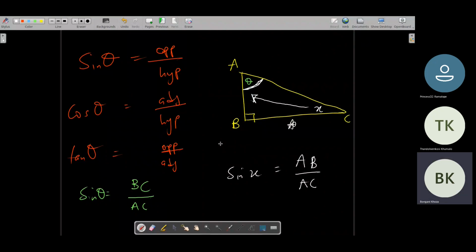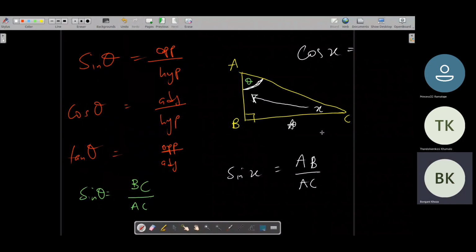So we just need to check what ratio. If it's cos of x, then you go to x and check: cos is adjacent over hypotenuse, so you check what is adjacent to x.